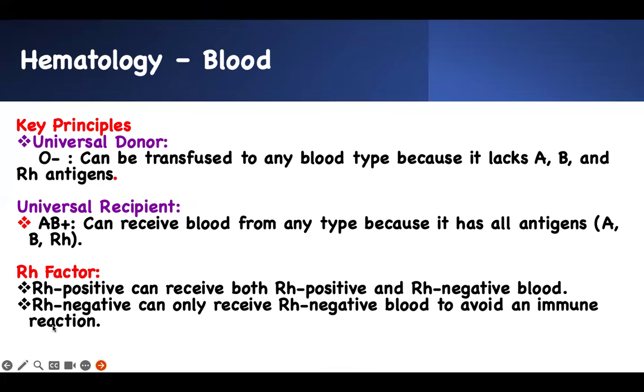The Rh factors you have to know, you can memorize it. Rh positive can receive blood from both Rh negative and Rh positive. But Rh negative can only receive blood from Rh negative.